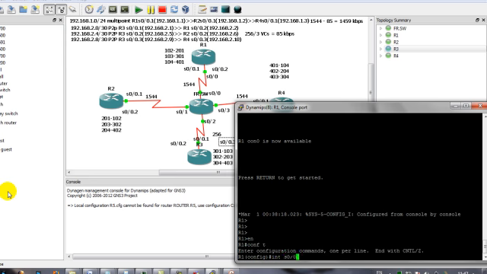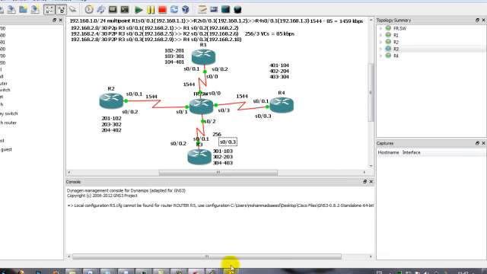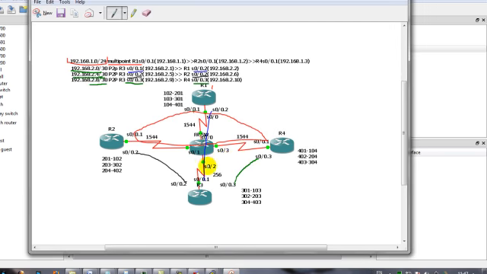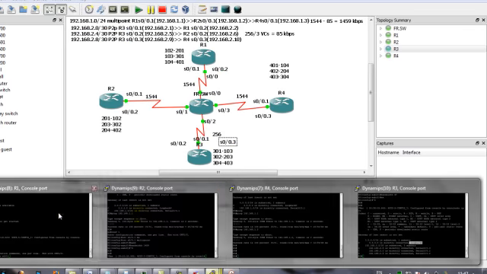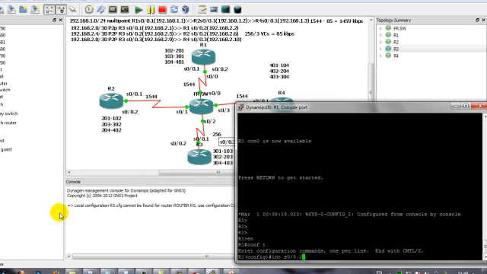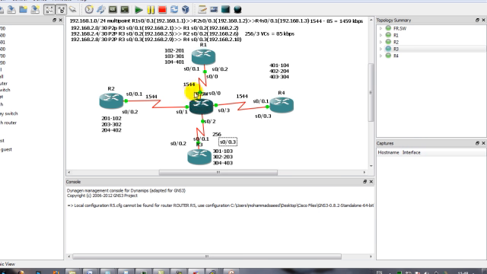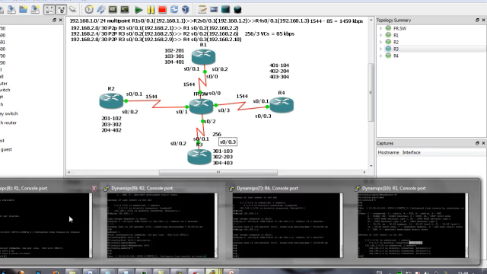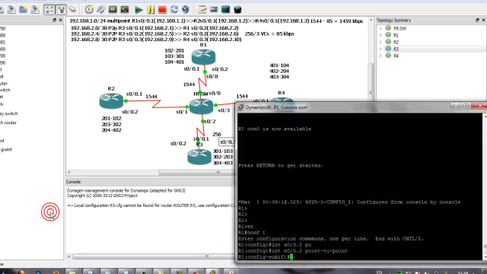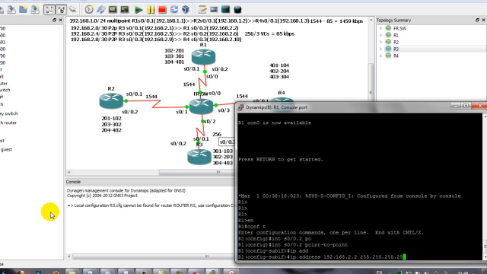Look at this. In our picture here, 0/0 contacts 0.2. So Router 1 will be 0/0.2 with point-to-point, and the IP address of Router 1 will be 192.168.2.2, 255.255.255.252.